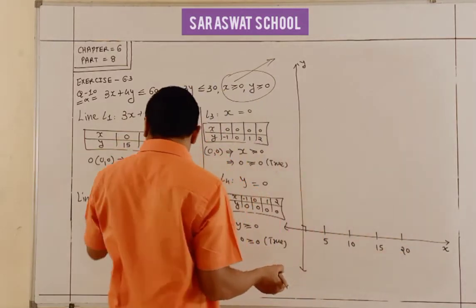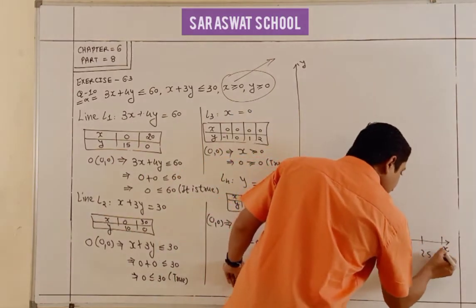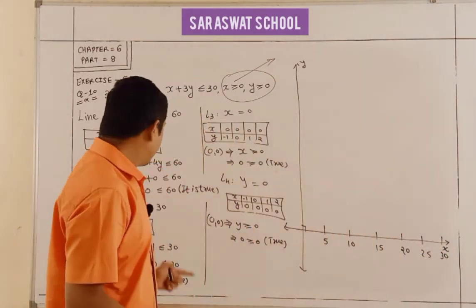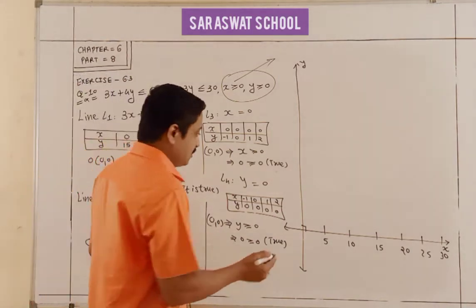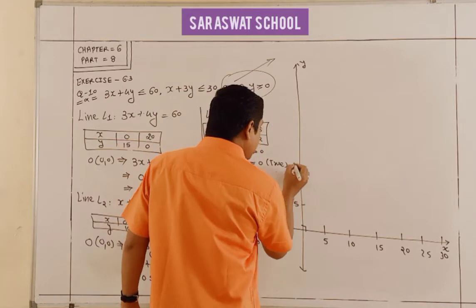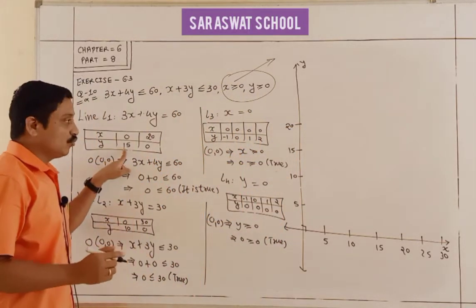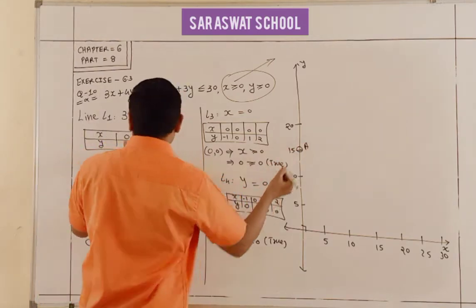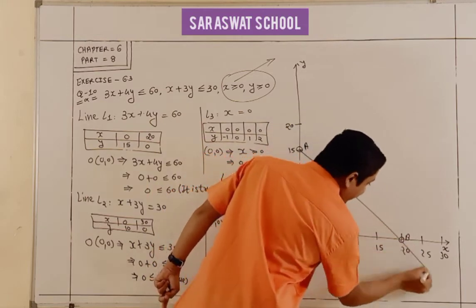On the y-axis, take up to 30, so here 25 and here 30. On the y-axis we only need a maximum of 15, so here 5, 10, 15 and 20. First of all, point 0, 15 and point 20, 0, and both are connected.